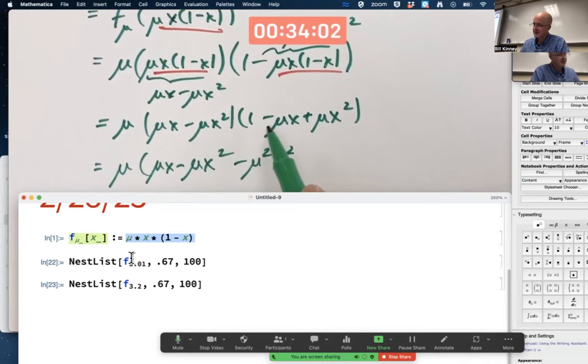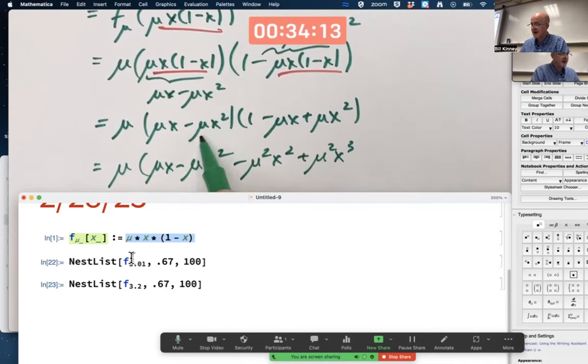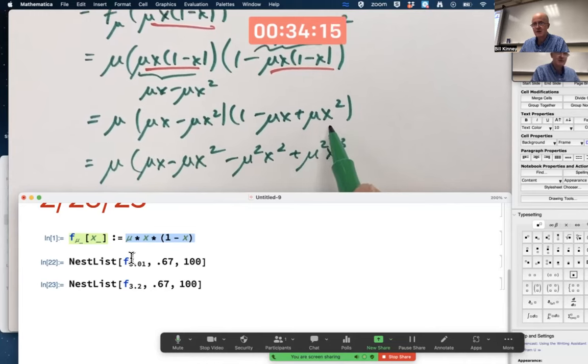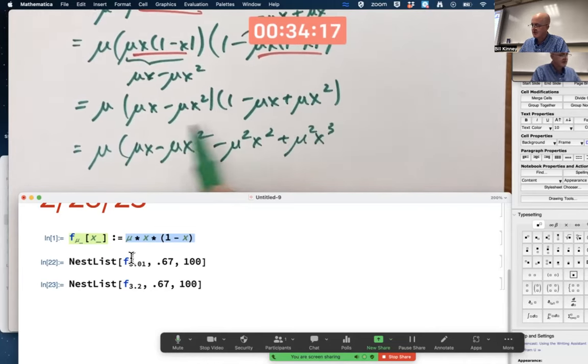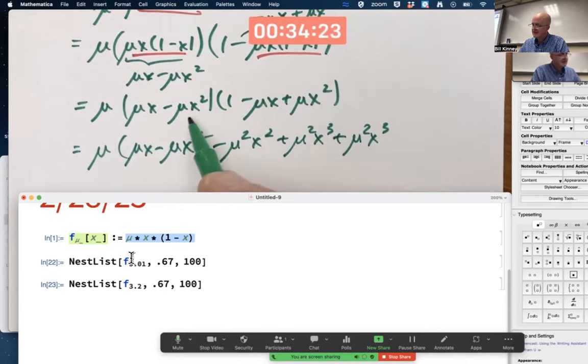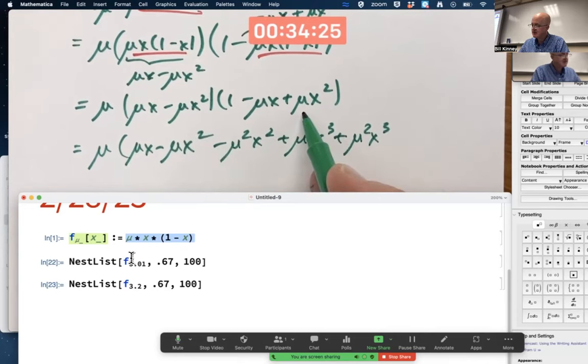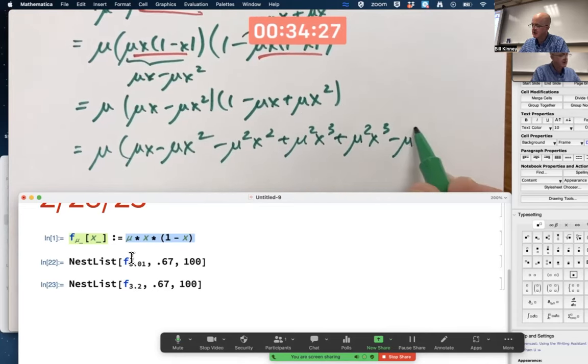Two minus signs make a plus sign. I've got a mu squared, and again, an x cubed. Now multiply each of these terms by the last term, mu x squared. Mu x times mu x squared gives mu squared x cubed. And negative mu x squared times positive mu x squared gives minus mu squared x to the 4th.